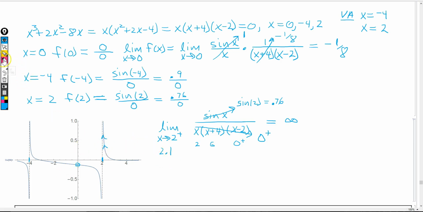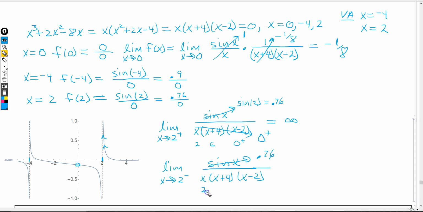Same thing for the limit as x approaches 2 from the left. The top would still be approaching 0.76.